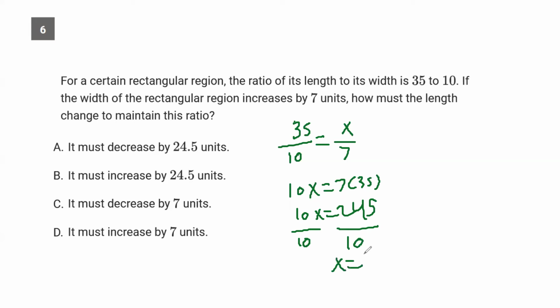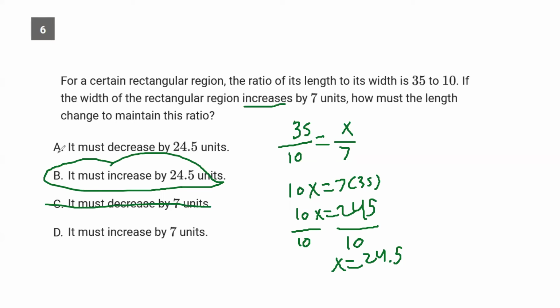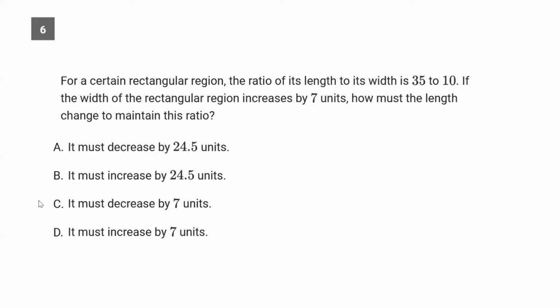X equals 24.5. And that is B. And it must increase, right? Because the 7 is an increase. So this tells us it's not going to be decreasing. And then we know the rate is 24.5. Okay. Because the proportions have to stay the same.